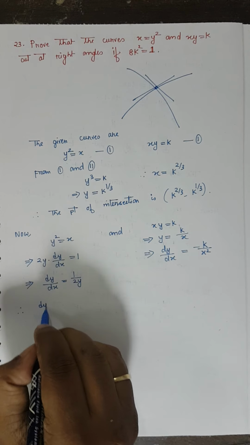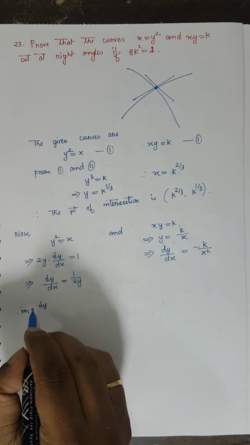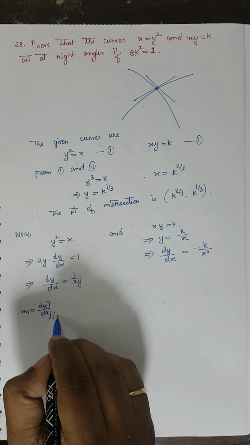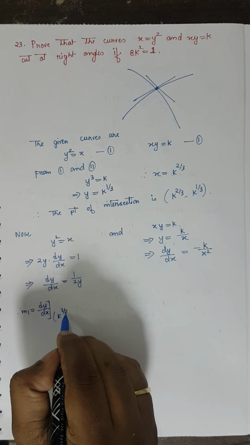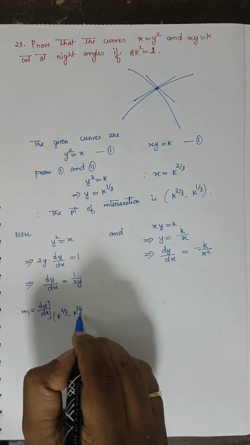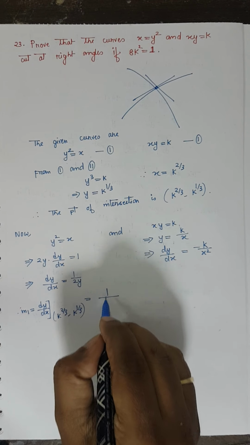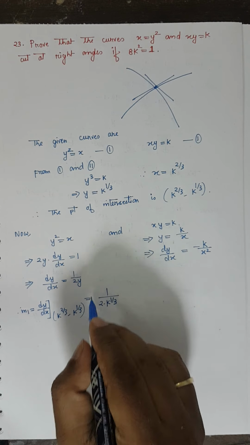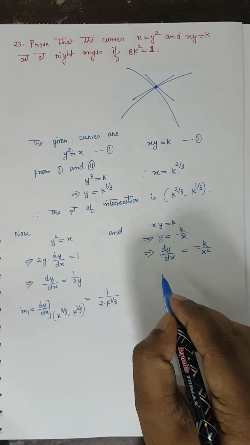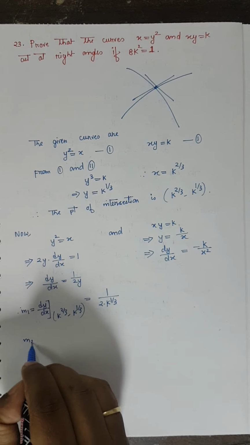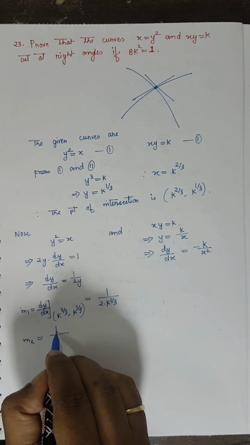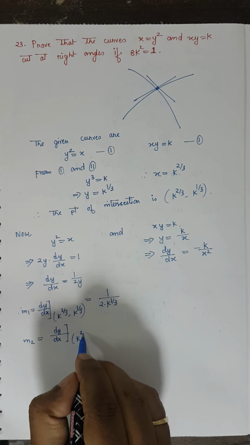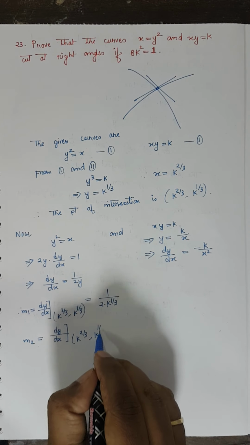Now the slope m1 for the first curve at the point k to the power 2 by 3 comma k to the power 1 by 3, I will get 1 by 2 into k to the power 1 by 3. This is the slope of the tangent to the first curve, and for m2, this is dy by dx at the point k to the power 2 by 3, k to the power 1 by 3.